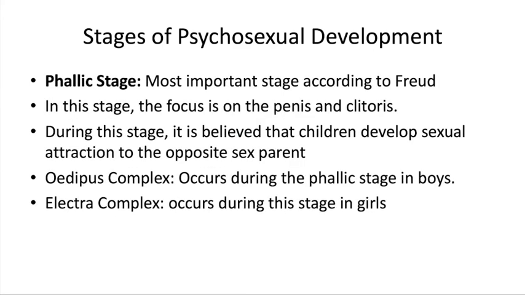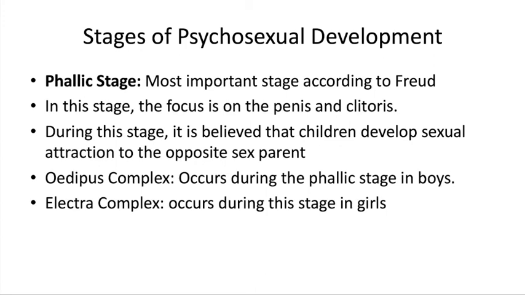According to Freud, the phallic stage, which happens anywhere from 3 to 6 years of life, is the most important stage of personality development. It's the time of a storm, if you will, and relates to children becoming interested in their genitals, according to Freud.